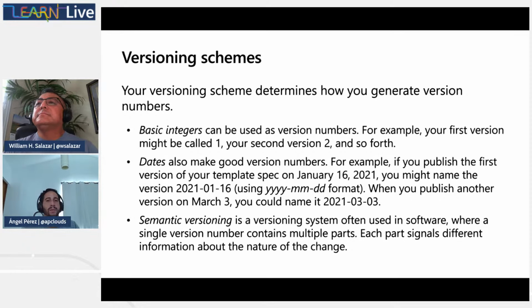That's why being overly descriptive is very important. But one thing to note is that if you don't use the date versioning schema, don't worry about that. It doesn't mean the date information is lost. You're still going to have date information associated to each version within the template spec itself.